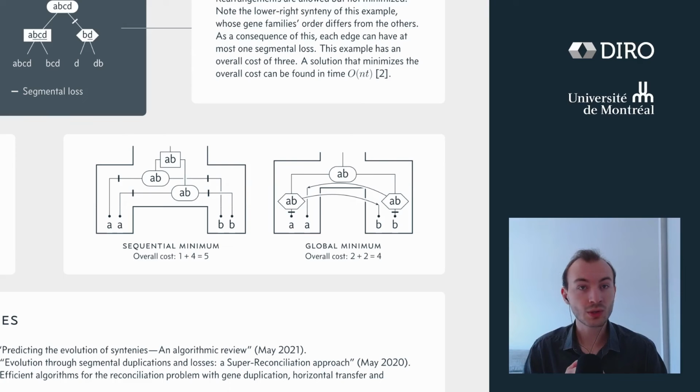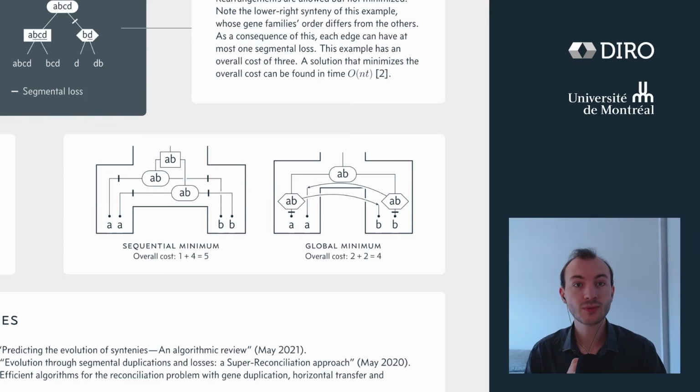The global cost is 5. But on the right, we did something a bit smarter. We added one event in the first part, but this allowed us to save 2 losses. So globally, we have a cost of 4, that is strictly less relative to the first one.